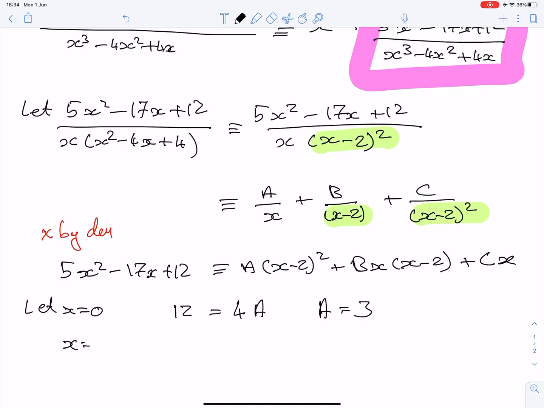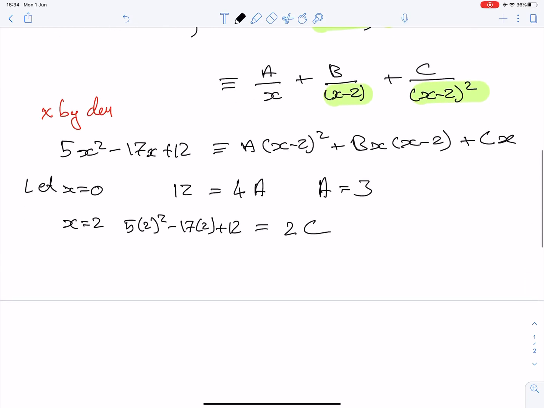If we let x equal 2, we get 5 lots of 2 squared minus 17 lots of 2 plus 12 is equal to 0 from the first term, 0 from the second term, 2c. So 20 minus 34 plus 12 equals 2c, which implies c equals minus 1.